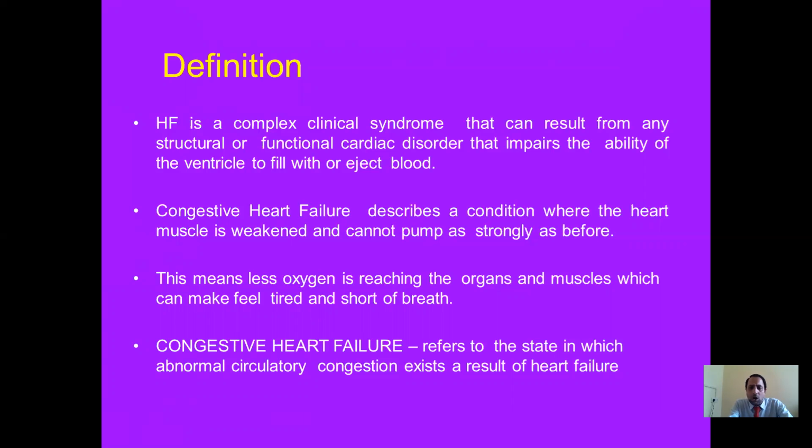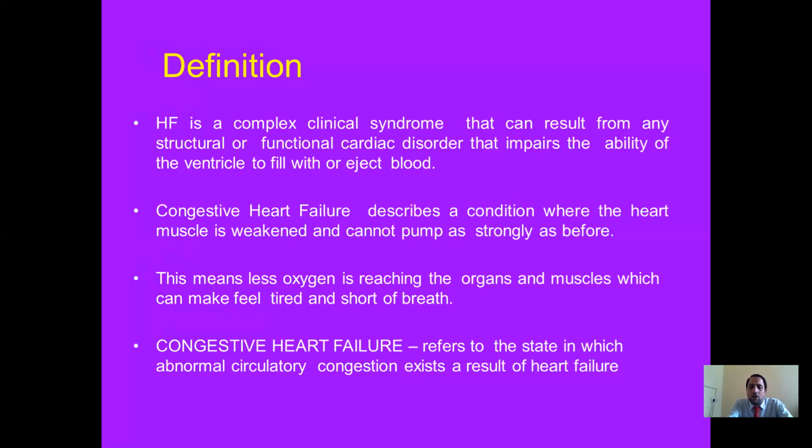Congestive heart failure is also described as a condition where the muscles of the ventricles become weakened and cannot pump the blood as strongly as in a normal heart condition, which leads to less oxygen reaching the organs and muscles, which can make the person feel tired and short of breath.